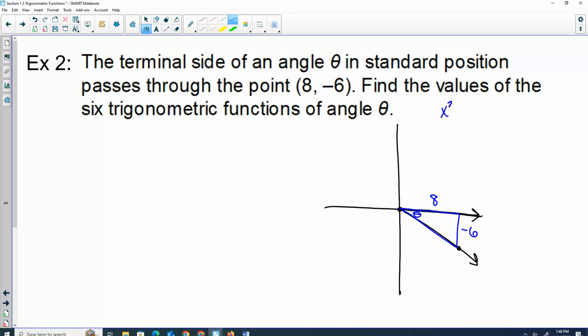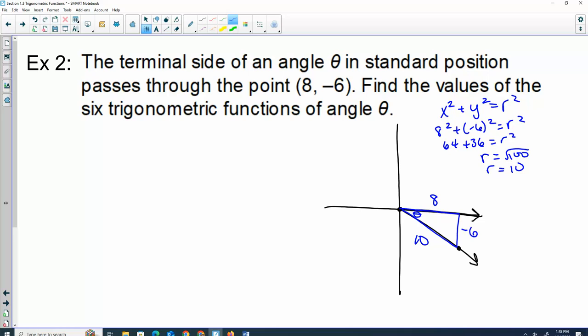If you don't, go back to Pythagorean theorem. Either way. So when I plug that in, we get r to be the square root of 100. So r is 10. So do we agree with that much?